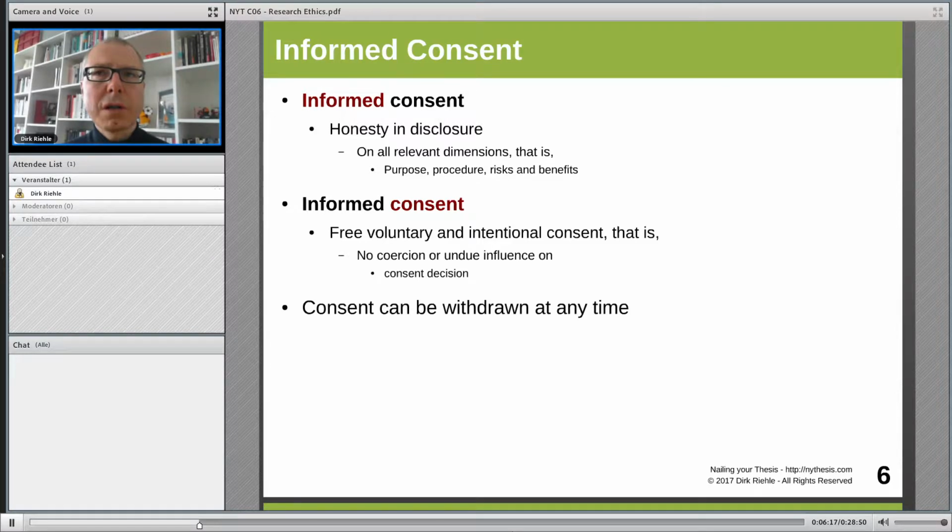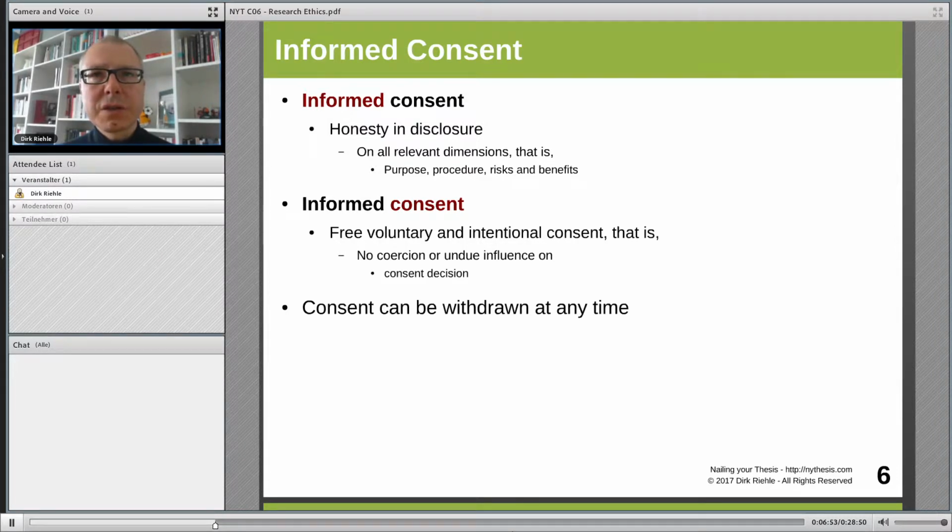First of all, informed consent with human subjects means informed, which means there's honesty in disclosure. The researcher needs to think really hard about what to tell the study subjects, who will hopefully consent to participate in a research study, so that their decision to participate is based on a really informed, proper consent.